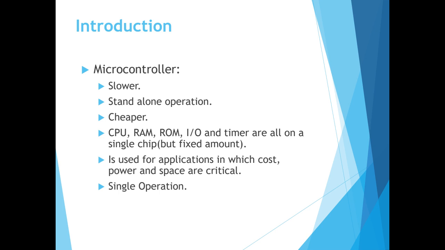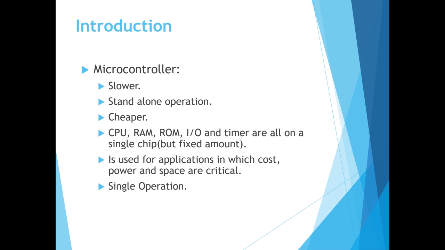Then we can find that microcontroller is slower than microprocessor. It is a standalone operation. It is cheaper than microprocessor for the reason that I talked about in a previous slide.